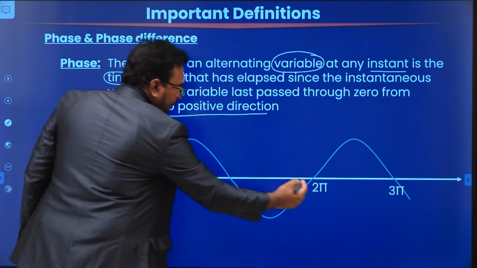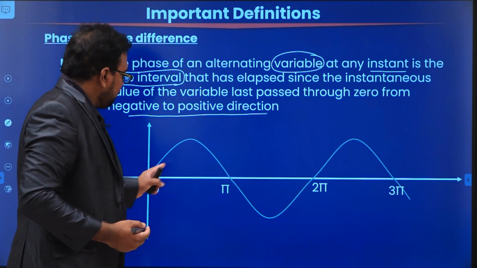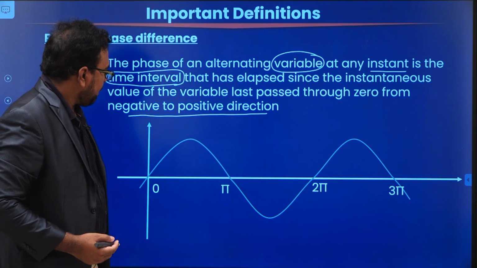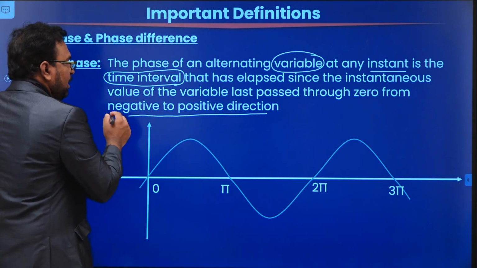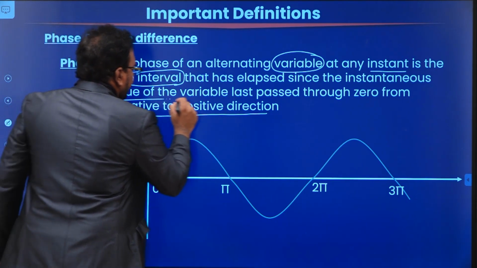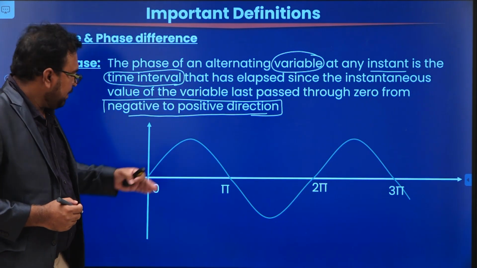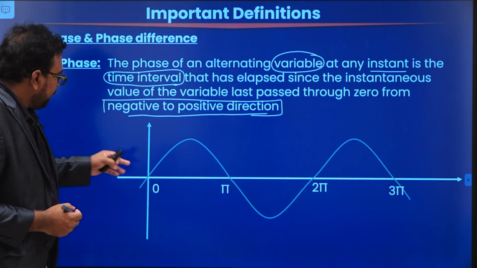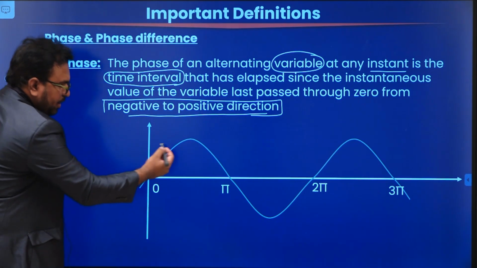From 0 to 2 pi we call it one cycle: 0, 180 degrees, 360 degrees, or 0, pi radians, 2 pi radians, and so on. In this waveform, first let us find the direction where the waveform goes from negative to positive. Negative means below the x-axis, positive means above the x-axis. If you observe at 0 degrees, the waveform is moving from the negative to the positive direction.